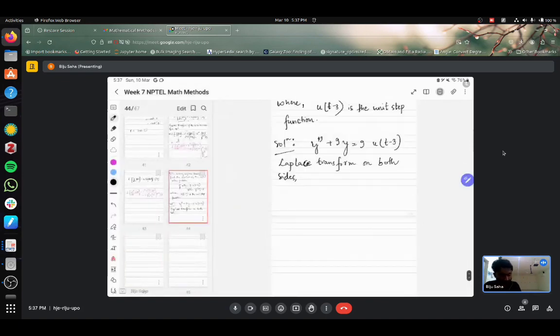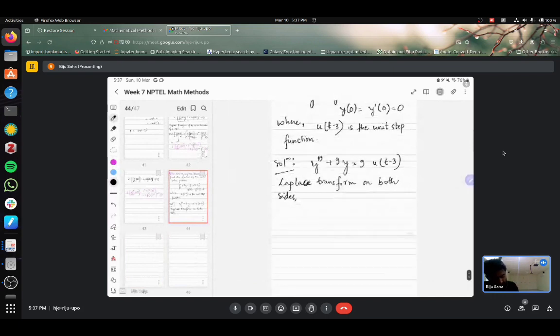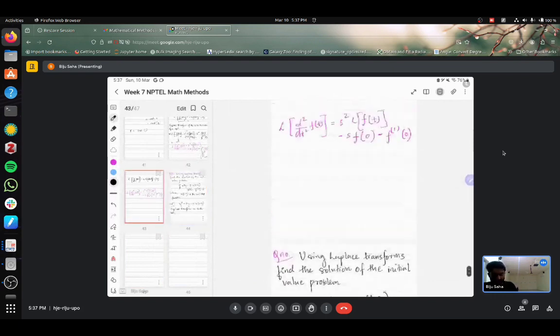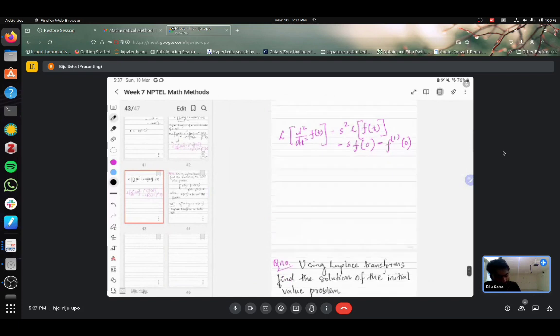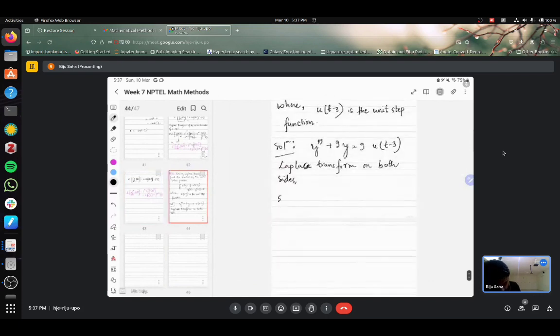So when you take the Laplace transform on both sides, the second order derivative is there in the first term. So this particular form is important. So we have s square Laplace transform of y, minus s times the value of the function at 0, minus the first order derivative evaluated at 0.